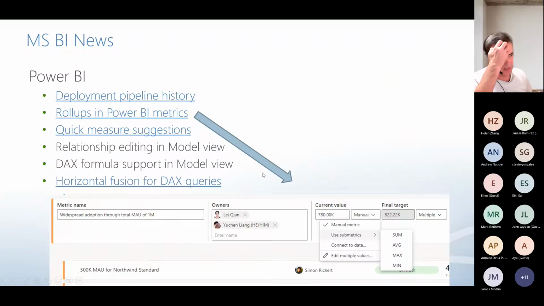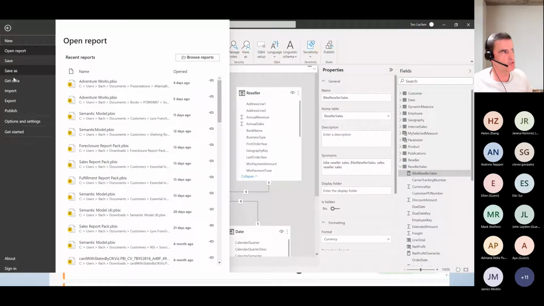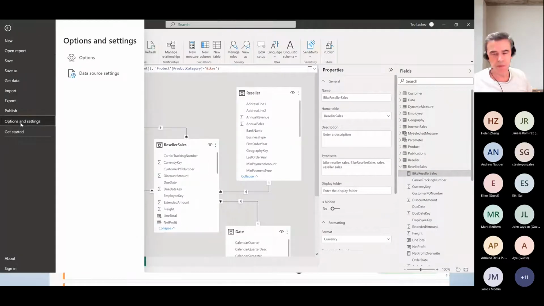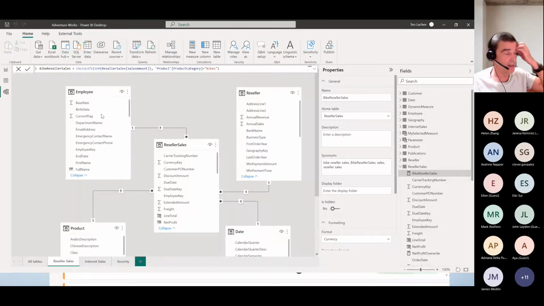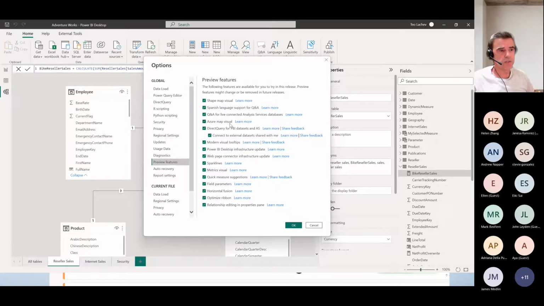On the DAX side of things, another feature worth mentioning is in preview. You guys know how to enable preview features in Power BI Desktop, right? You go to File, Options and Settings, Options, and right here there is something called Preview Features. So go ahead and enable everything in there to test it out.